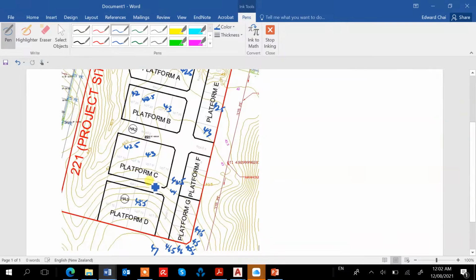And then this one is going to be, let's say, 43 or 44, this top here. It could be, let's say, PPL, proposed platform level. It could be 43.5.